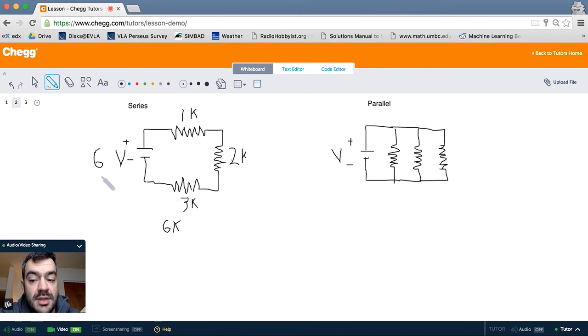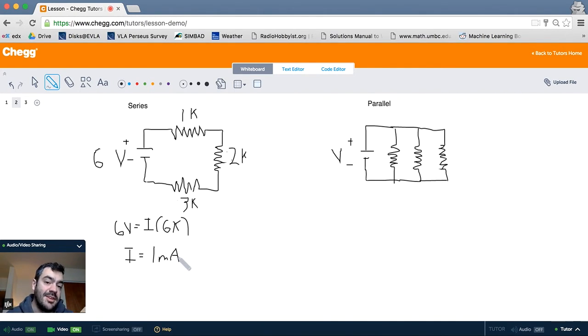They're connected in series across a 6-volt battery. By using Ohm's law, we can say that 6 volts equals the current times 6K. When you do the division, you find that I is then 1 milliamp, or one thousandth of an amp. Okay, that's all well and good.